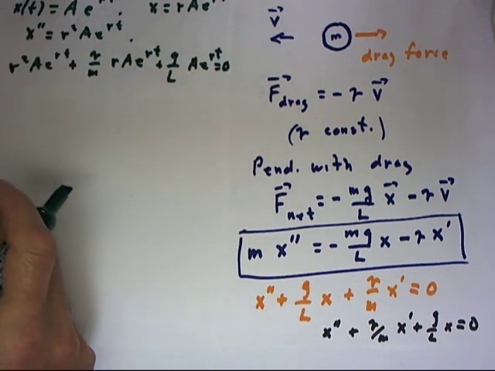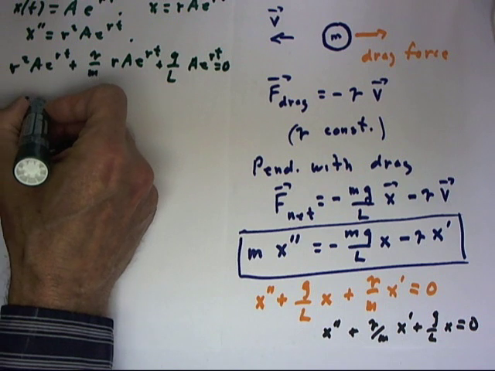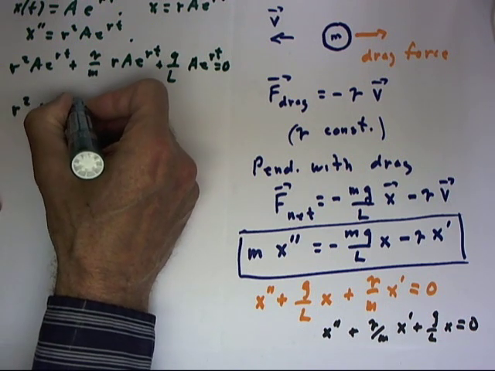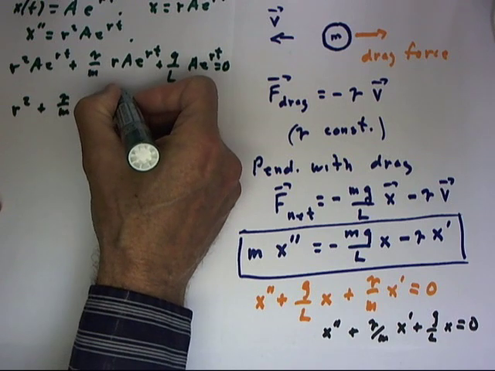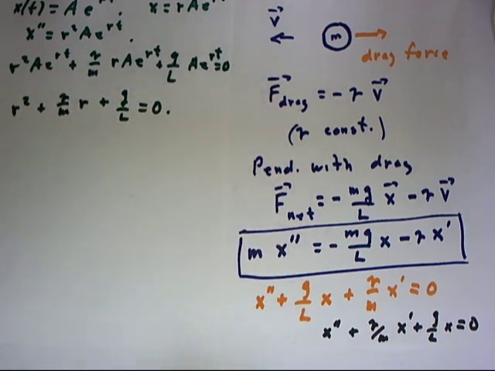Dividing through by a e to the rt, we're left with just r squared plus gamma over m r plus g over l equals 0.